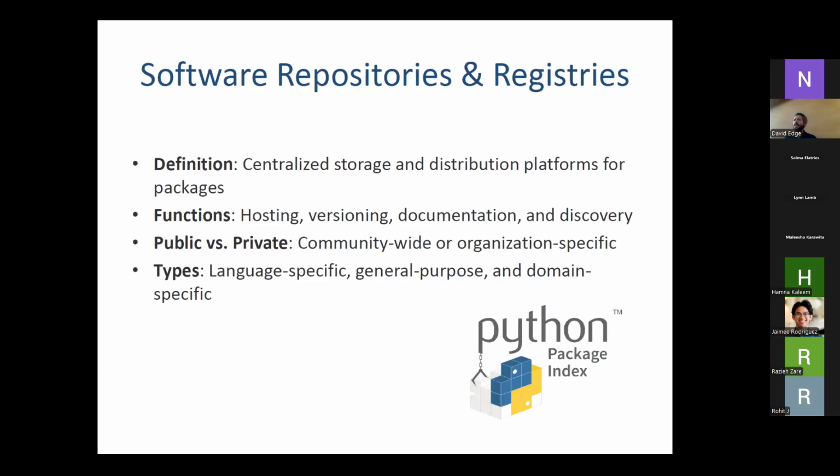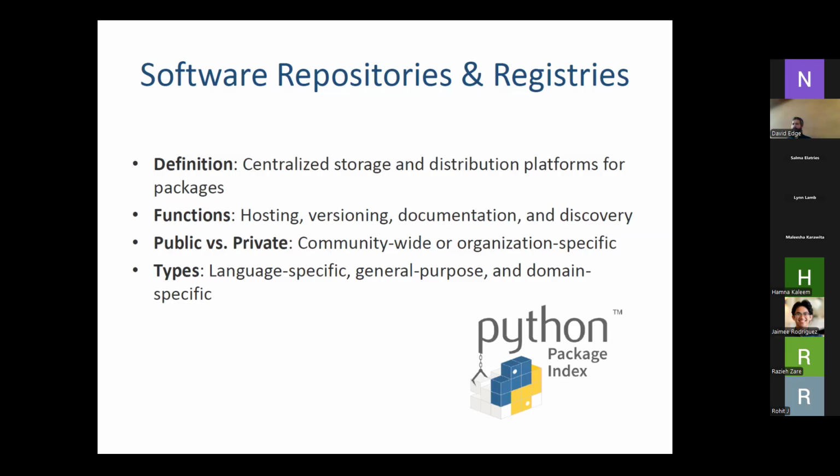Software repositories and registries. So this is where your software will be distributed from, where it's generally stored for public availability. Quick definition. This is the centralized storage and distribution platform for packages.